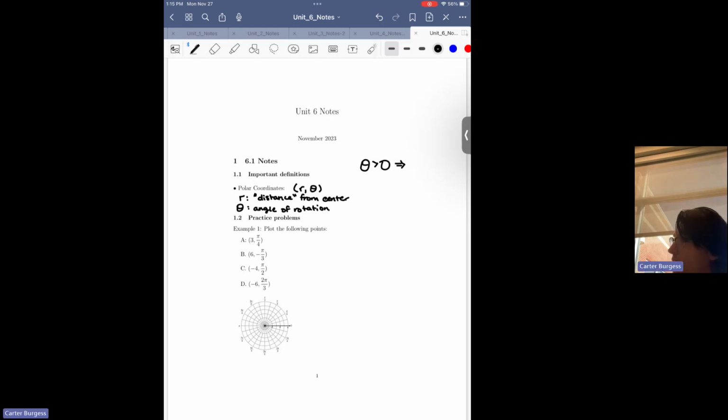Yeah, so when theta is positive, we are rotating counterclockwise. And when theta is negative, we are rotating clockwise.